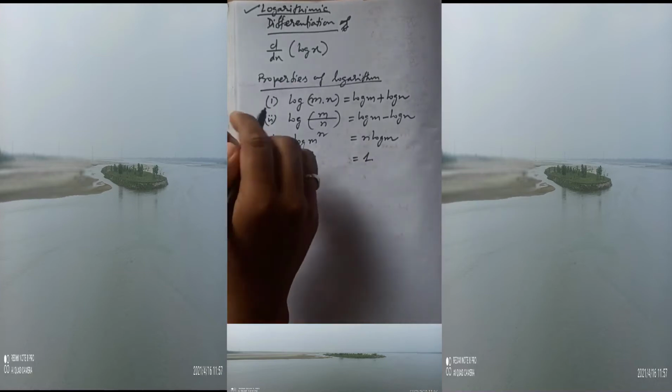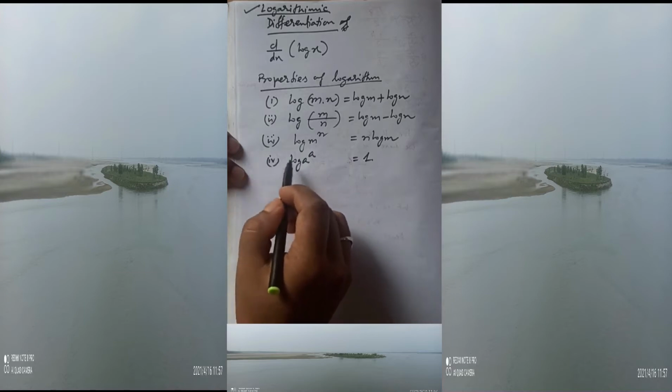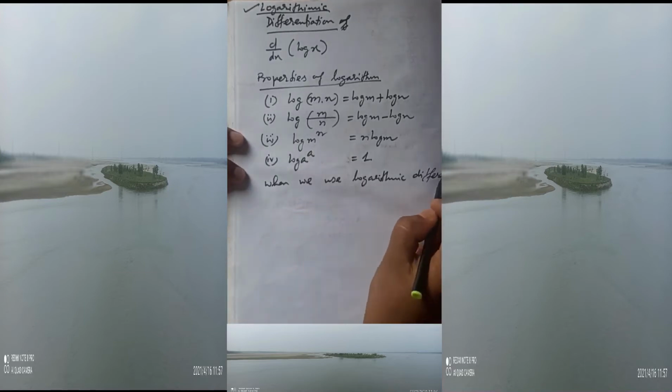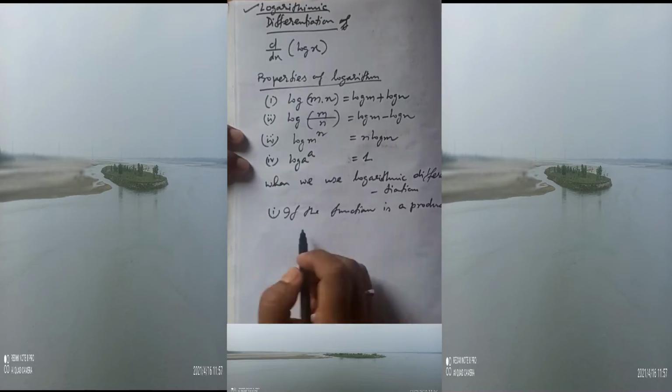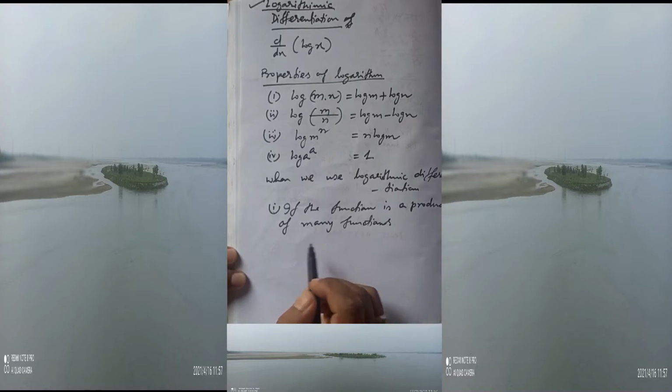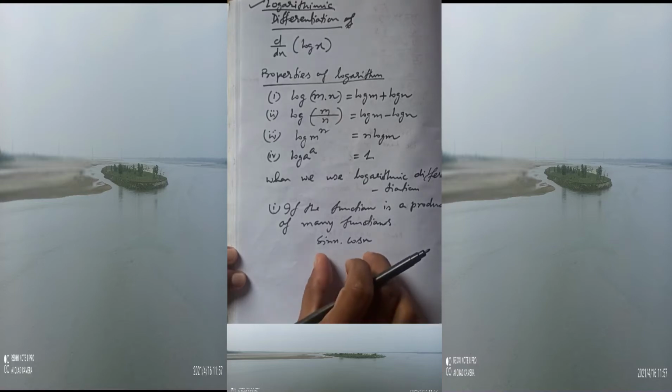Generally, these three and sometimes this fourth one we apply as properties. For two functions, we know that we can use the product rule. If it is like sine x into cos x, no problem, we can differentiate it using the product rule, d by dx of uv.